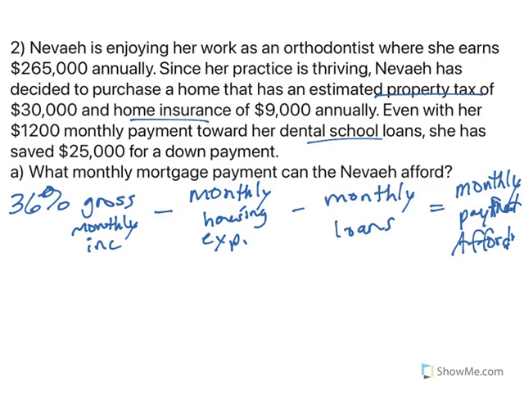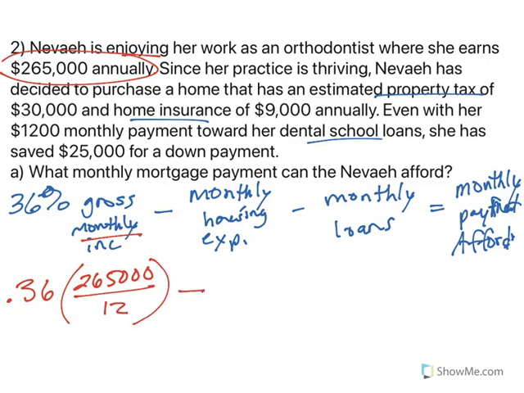Let's plug in what we know. 36% is 0.36 times gross monthly income. We know her annual. So we're going to take 265,000. How do you take annual and make it monthly? You divide by 12. Minus, what are the housing expenses? 30,000 and 9,000.